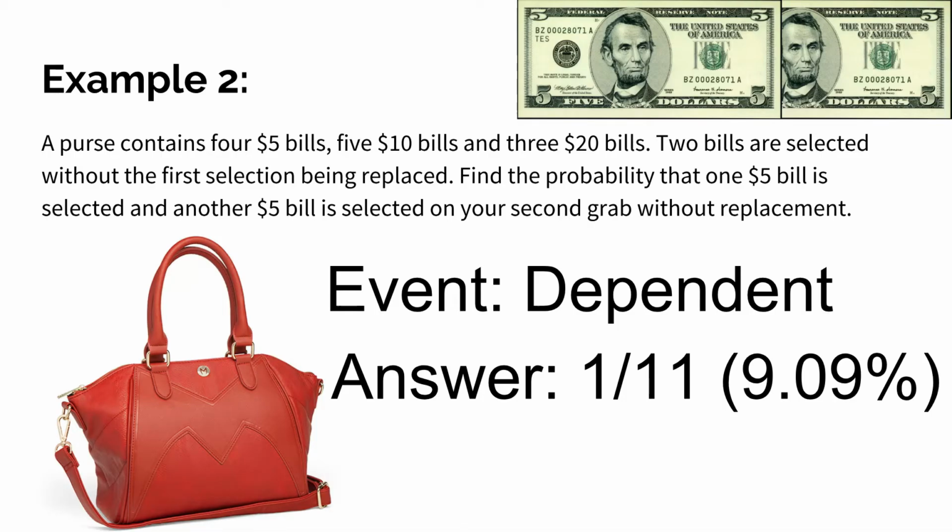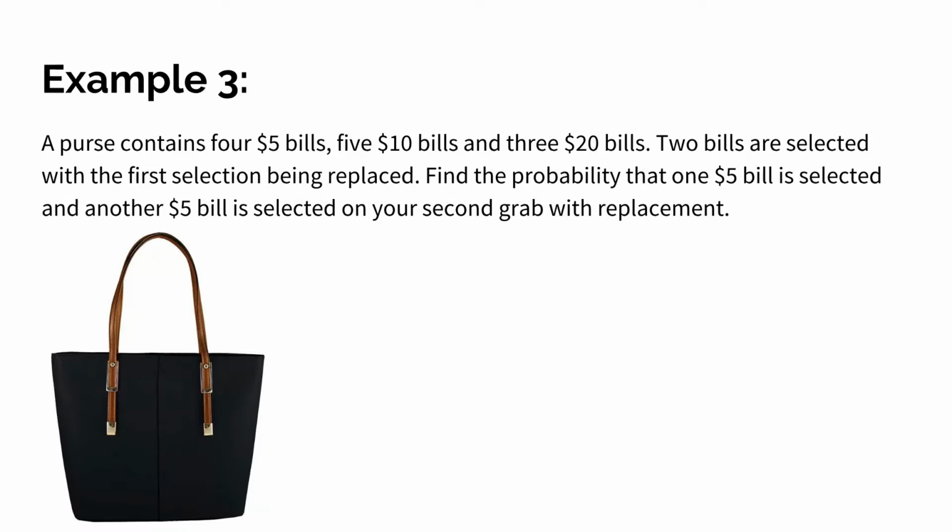Now that we figured out example 2, the event is dependent because if you take something out and you don't replace it, then it will affect the outcome of the second event. The answer was 1 over 11, or 9.09%. Now that we've done 2 examples together, I'd like you to take what we've learned and do example number 3.